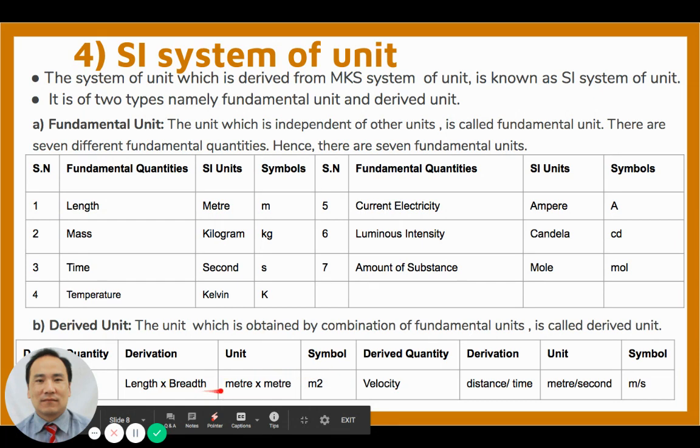It depends upon 2 fundamental units, that's why square meter is a derived unit. Similarly, velocity. The velocity formula is distance by time. Distance is in meter and time is in second, so velocity depends on meter and second. That is why the unit of velocity is a derived unit.